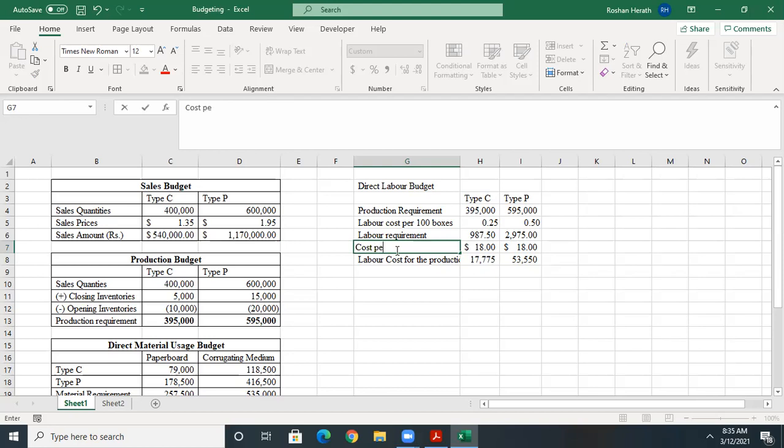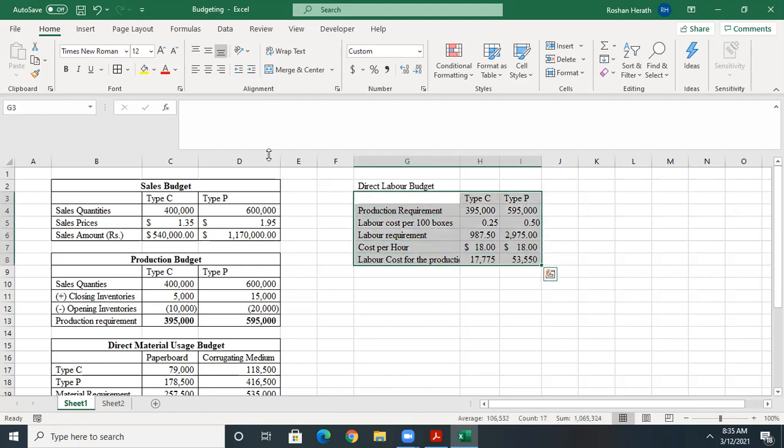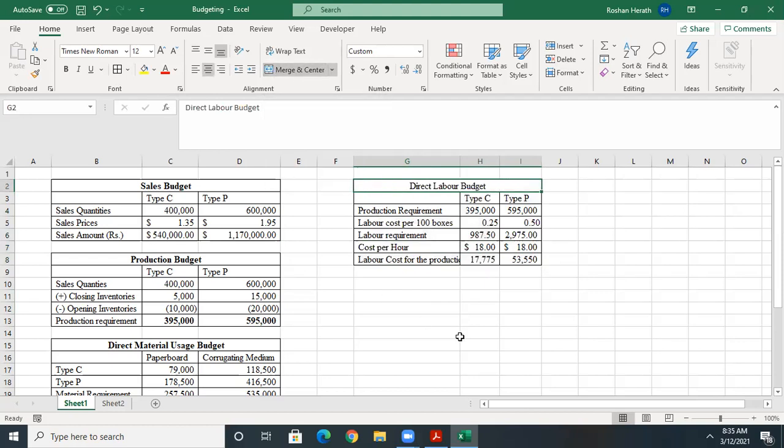Cost per hour. Right, this is it. So here you come with the labor budget, direct labor budget. So you have figured out what is the cost of that. Okay. Then what is the next requirement?